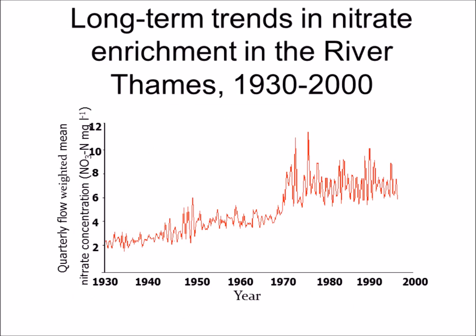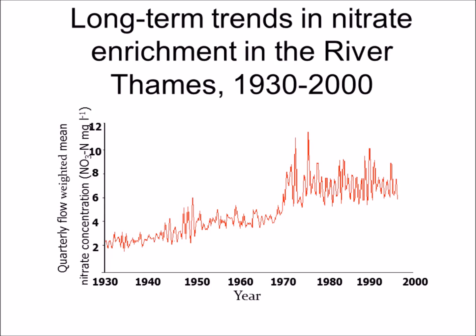At the same time, we're dealing with long-term changes. So here's nitrogen data going back to the 1930s for the River Thames. You can see 2 milligrams per litre, quite a low level back in the 1930s, kind of doubled by about the 1950s, 60s.